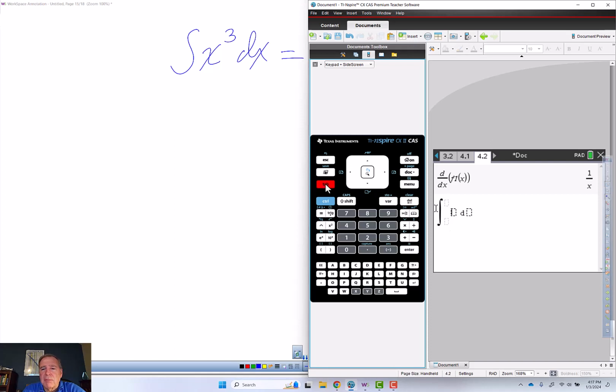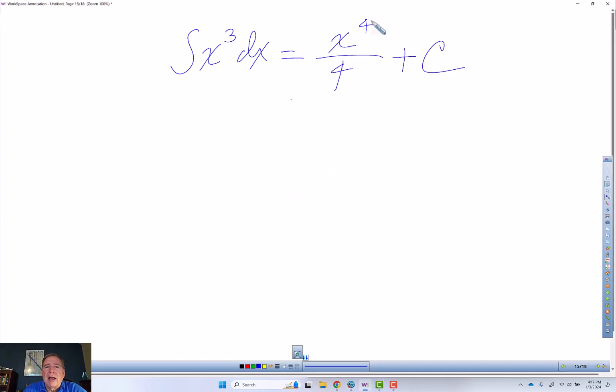So I'm going to go tab, tab, x to the power of 3, tab, tab to get over to here. This variable right here has to match this one. Now, the calculator does not put in the plus c. You have to know to do that yourself. So we get x to the fourth over 4. Then we're going to go on to the next one.